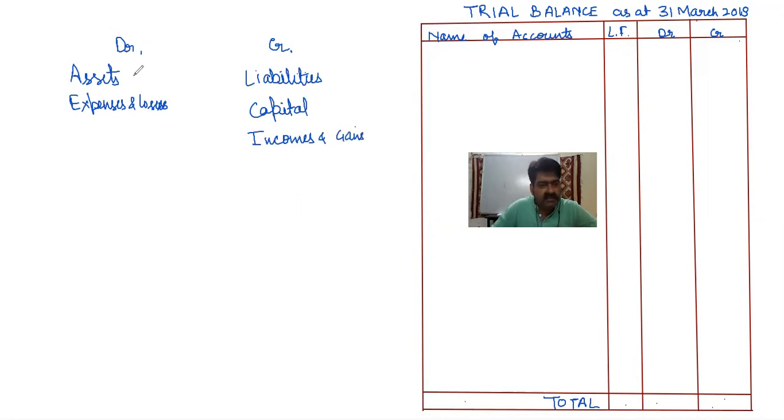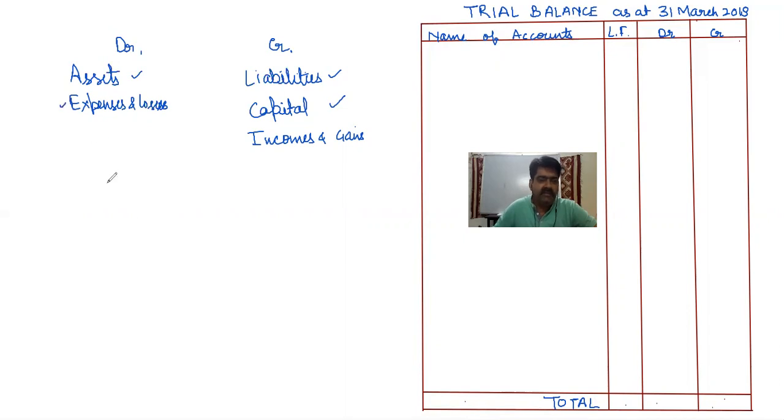Now assets like land and building, plant and machinery, furniture, cash in hand, cash at bank, stock, etc. Balances of all these assets will come in debit side. Liabilities like creditors, bank overdraft, loan, outstanding expenses, so balances of all these liabilities will come in credit side. Capital will also come in credit side.